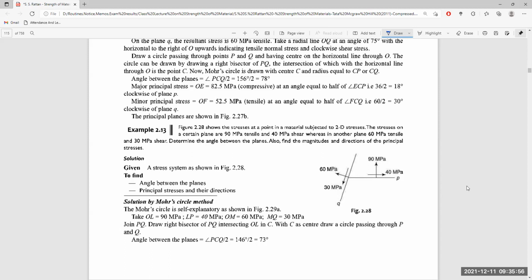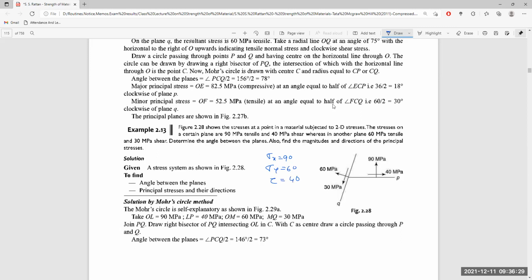The stresses on a certain plane are 90 MPa and 40 MPa shear, whereas on the other plane they are 60 MPa tensile and 30 MPa shear. So in one plane sigma x is equal to 90, and tau is equal to 40, and on the other plane sigma is 60, and tau is 30.